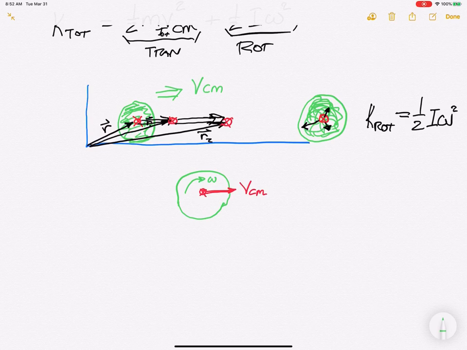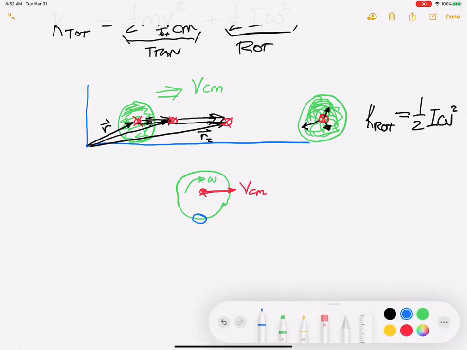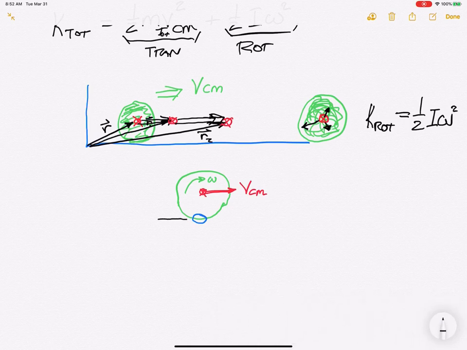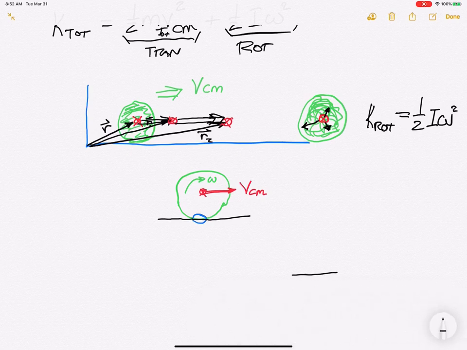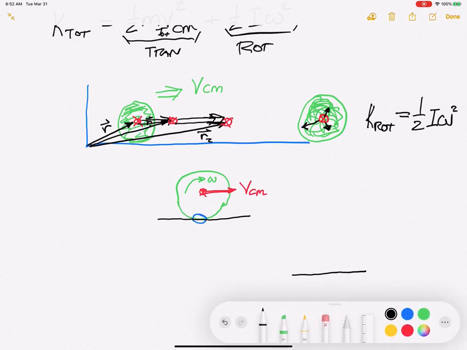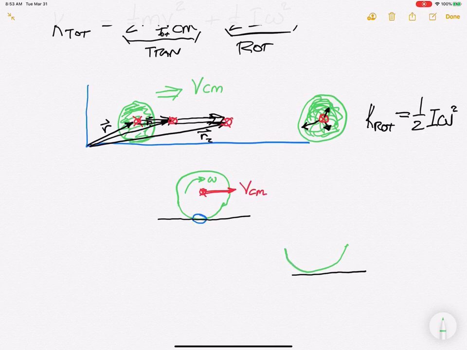If we, again, zoom into the bottom of this interaction with the floor, and the sphere, there we go.